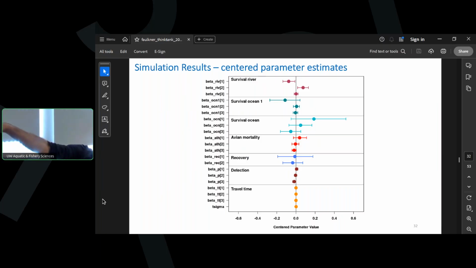But some of those other parameters, detection probability and travel time, are very well estimated. The inverse question to that is, and I'm sure you'll do this, if you ignore the avian mortality component of the model completely, what are you gaining by putting it in? Okay, yeah, so I did do that, and I didn't include that in here. That was one of my first questions: what are you gaining by doing this?